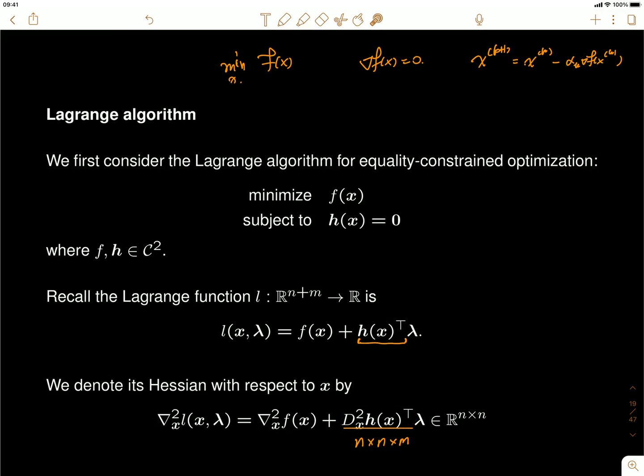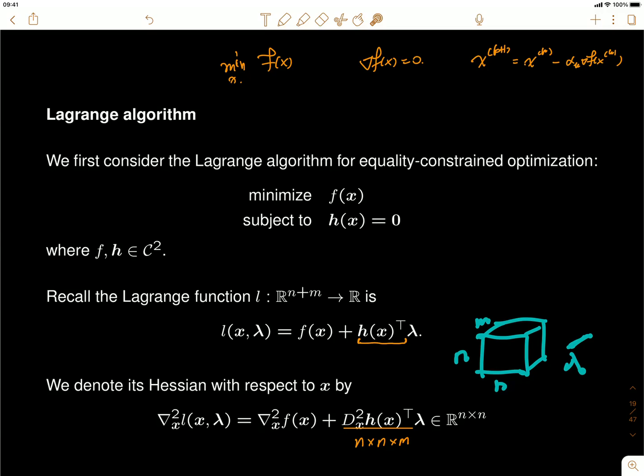And then you multiply lambda, which is m by 1. Then you can cancel with one of the m's, and it will give you an n by n matrix. So the dx square H is like that. This is n, this is n, and this is m. And you have another m-dimensional vector, which is your lambda.